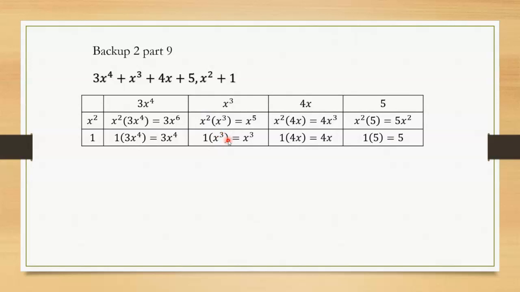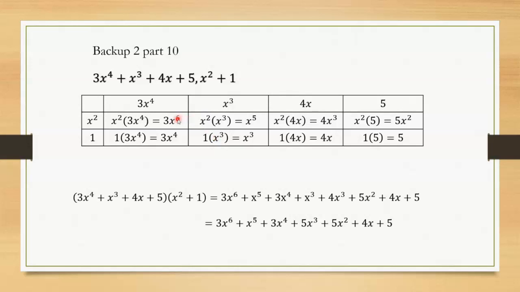to get the product. Now, since we want our answer in standard form, let's write the 3x to the 6th first. Here's x to the 5th. That comes next. Now comes x to the 4, and I think that's the only x to the 4 term.